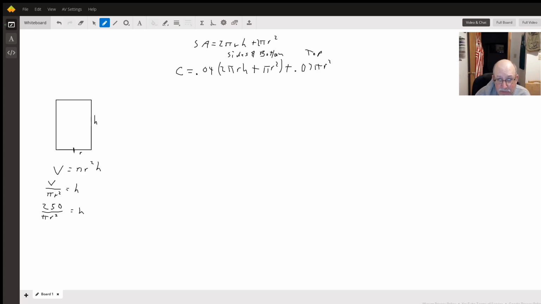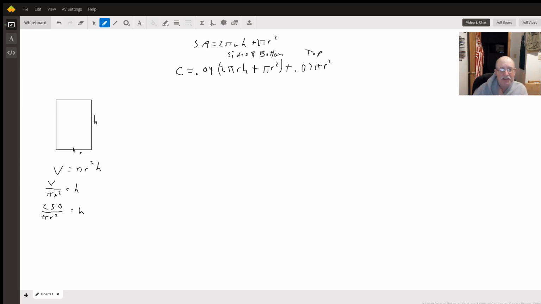Surface area for a cylinder is 2 pi rh plus 2 pi r squared. Pi r squared is going to be the area of the top and the bottom. 2 pi rh is the lateral area of the cylinder. Well, we've got two different costs for the top and the bottom, so I separated those out.